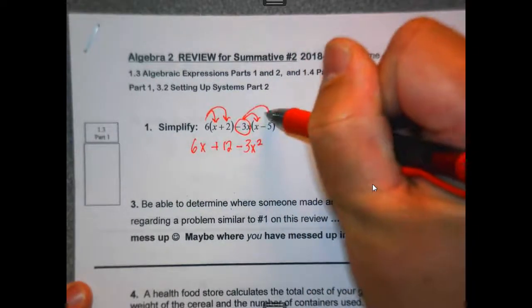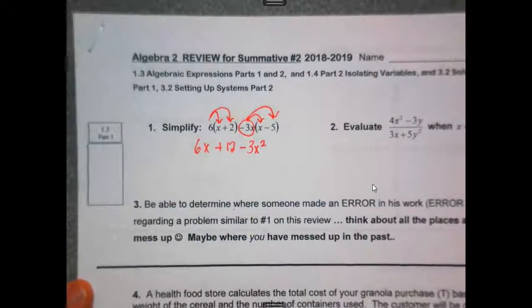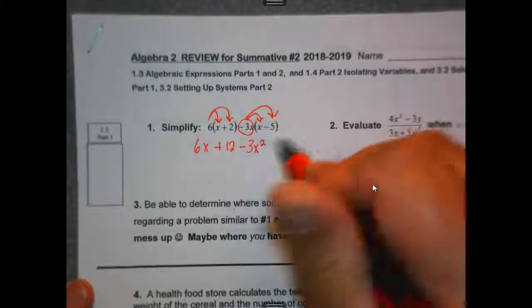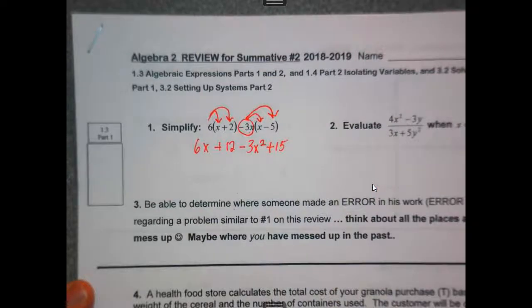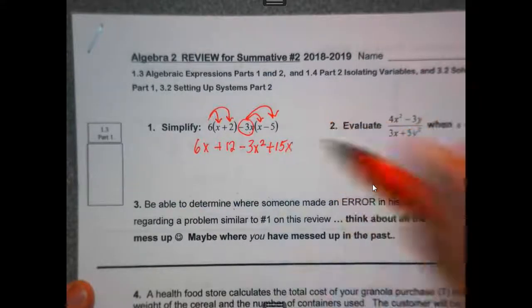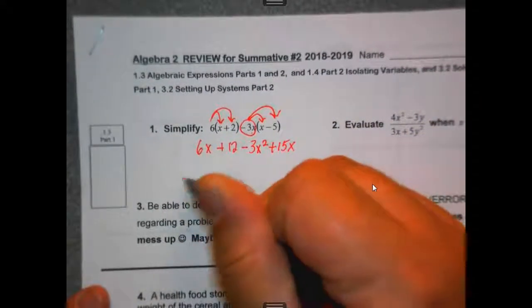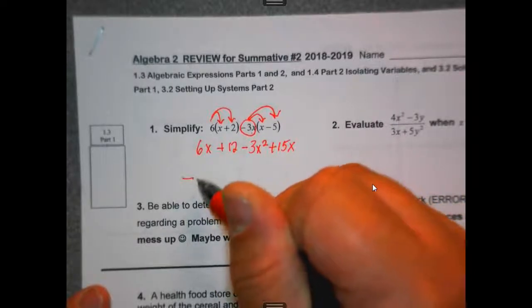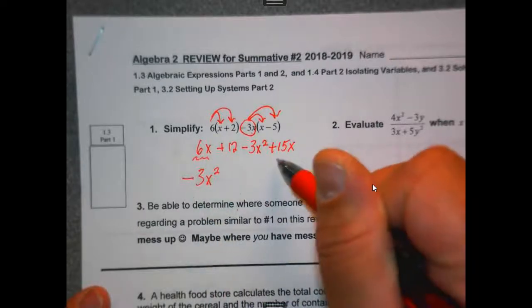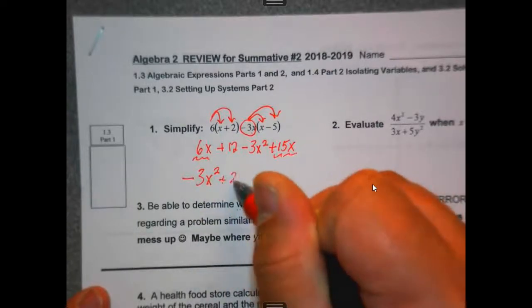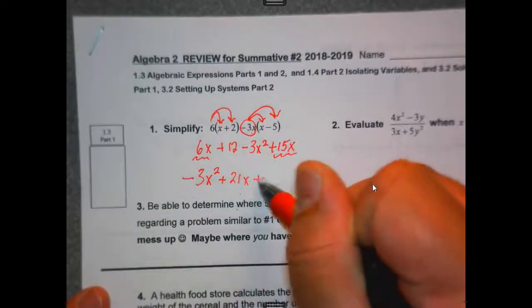Now, a lot of you on the quiz last time took negative 3x times negative 5 and you got a 15, but you forgot the x. Don't do that. Stop it. Please put this in standard order. Negative 3x squared. Combine your 6x and your 15x to get 21x plus 12.